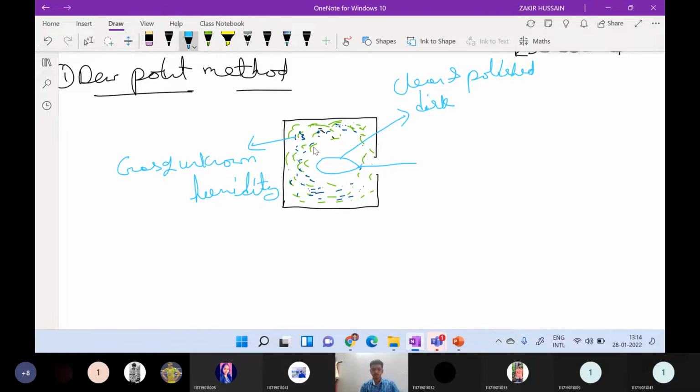So to know the moisture content present in this gas or air, we insert a disc which is cleaned and smoothly polished.